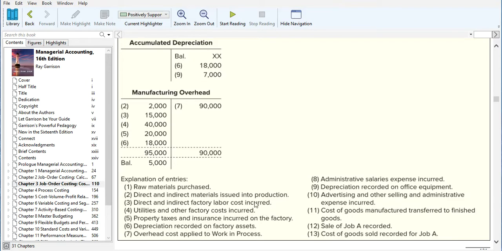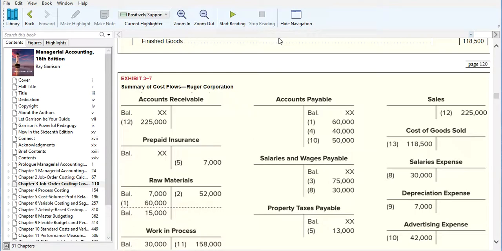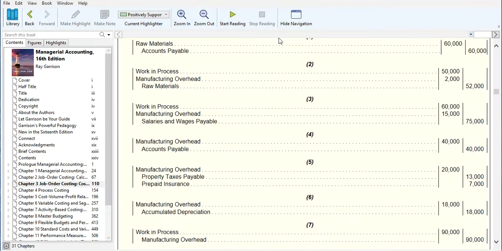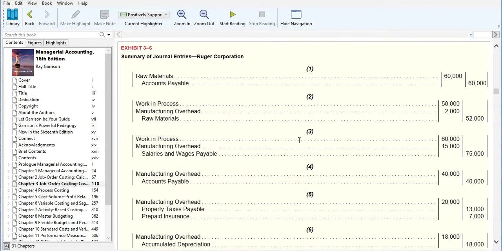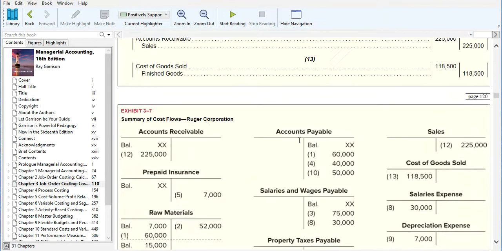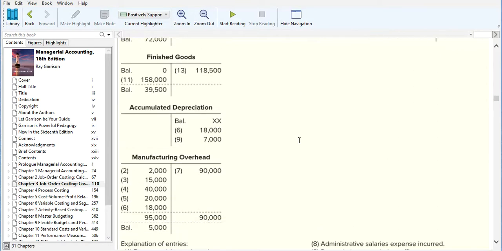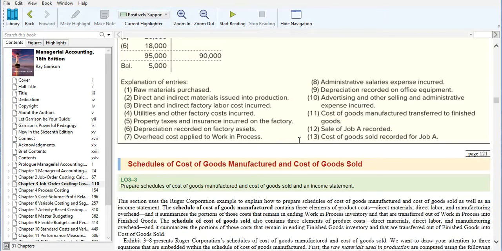So you can trace these entries from the journal entries up above because the numbers line up with these. If you want to look at that and spend some time going over it, that's probably a good idea. That'll help you get a handle on how these costs go through the system.